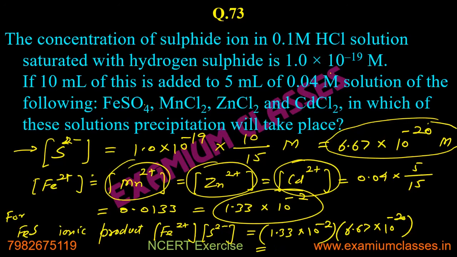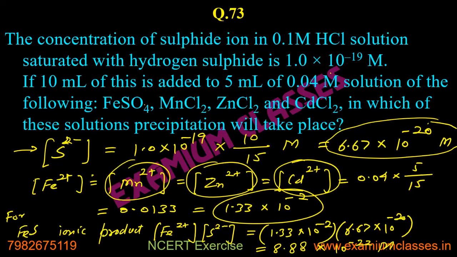Okay, so it will be around 8.88 into 10 to the power minus 22.